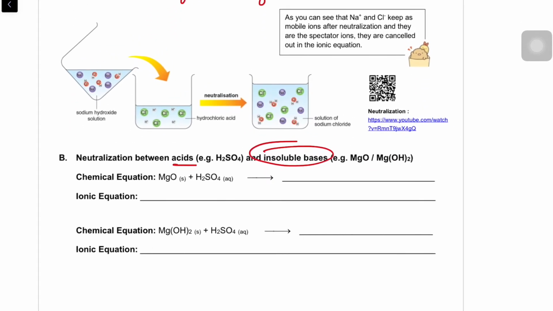The next one is the insoluble base. Now here we have magnesium oxide or magnesium hydroxide as an example. Again, the base contributes the cation and the acid will donate the anion. So the product will be magnesium sulfate, which is (aq) in both cases.